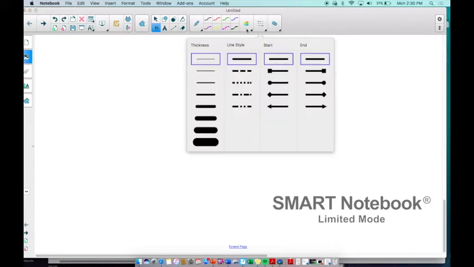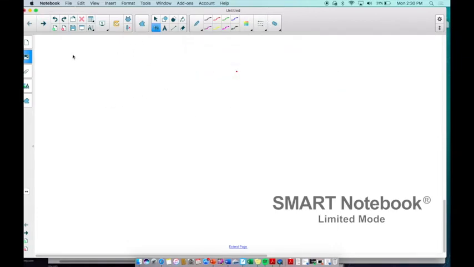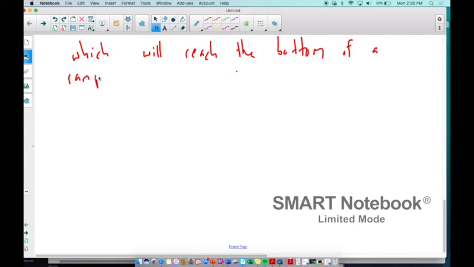So now we can ask this question. Which will reach the bottom of a ramp with greater speed, with greater translational speed?